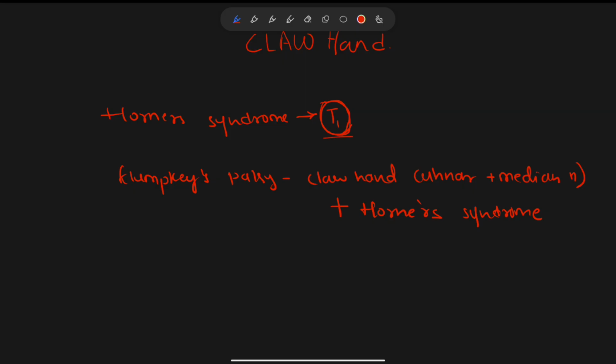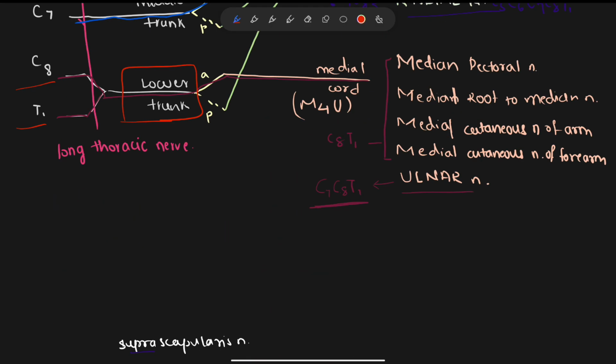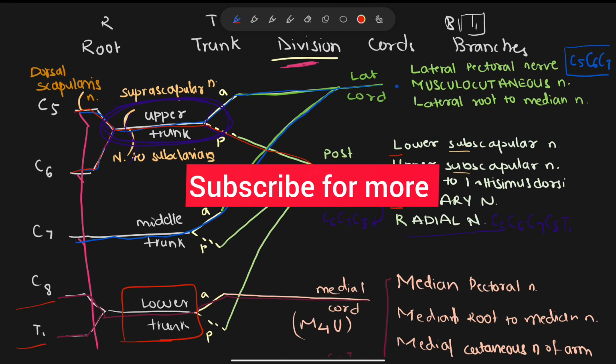Okay, T1. For example, if the patient has only T1 affected, it will show some sympathetic features. Okay, that is Horner syndrome. In Klumpke's, C8 is also involved, and T1 is also involved. So both features are seen in Klumpke's palsy. So till here we have our topic. If you have any query, do comment and subscribe for more.